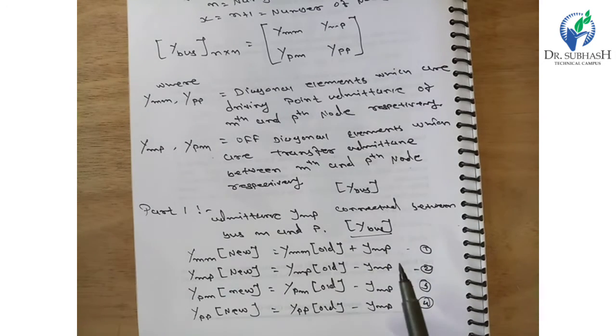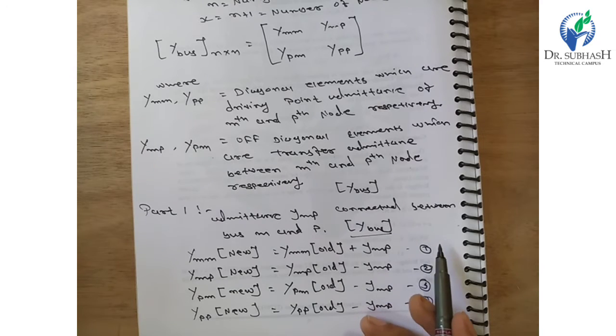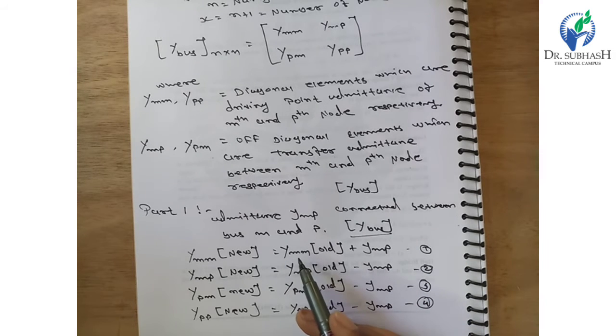हम एलिमेंट वन बाय वन ऐड करते जाते हैं तब हमारा Y बस एडमिटेंस मैट्रिक्स है उसके अंदर मॉडिफिकेशन आता है. जो मॉडिफिकेशन है Y_MM, Y_MP, Y_PM और Y_PP, जो अपडेटेड मॉडिफिकेशन वो इस तरह से हम रीराइट कर सकते हैं। इक्वेशन नंबर 1: Y_MM old plus Y_MP.